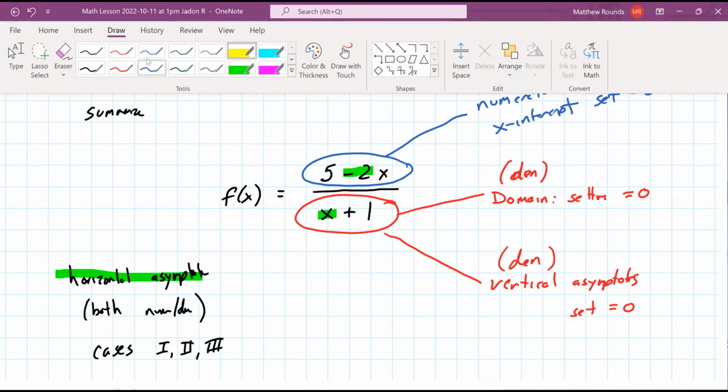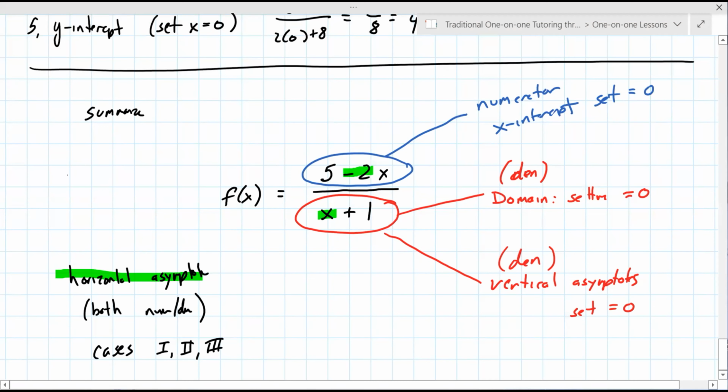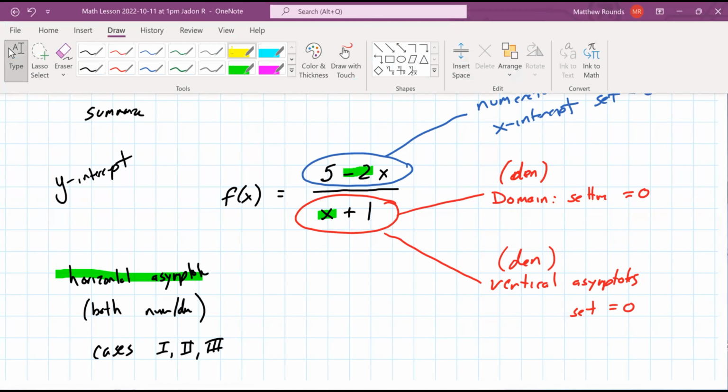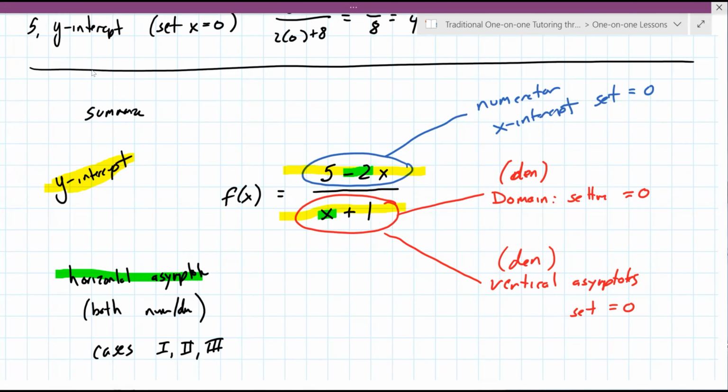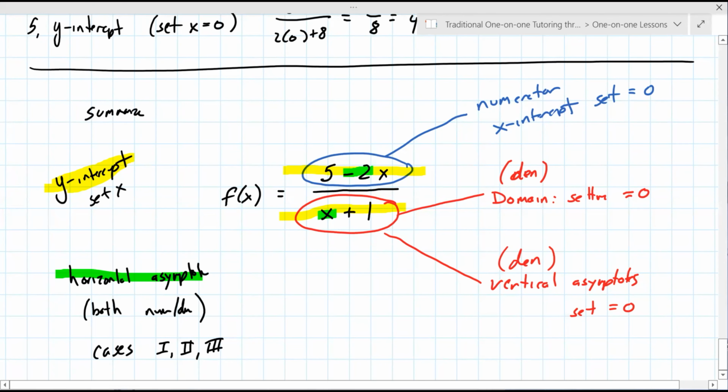So we can say y-intercept, and you already know this from previous courses, but it gets jumbled up with all the other stuff going on. The y-intercept comes from both the numerator and the denominator. You set x equal to 0 this time.